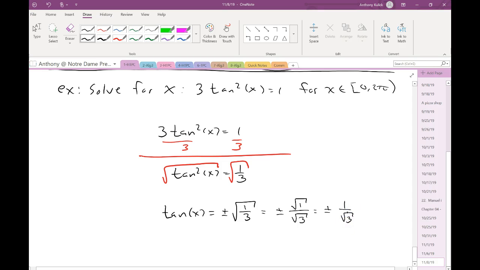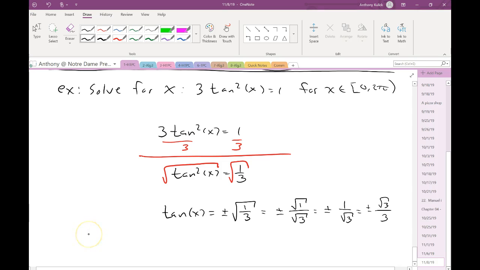The square root of 1 is 1, and the square root of 3 we can't do anything with. And we probably want to do what to this? Rationalize the denominator to get to there, right?